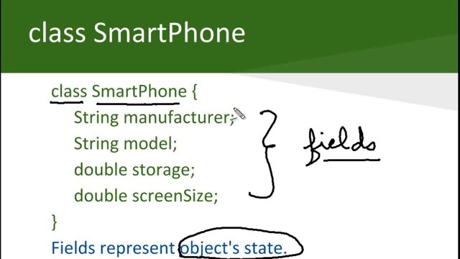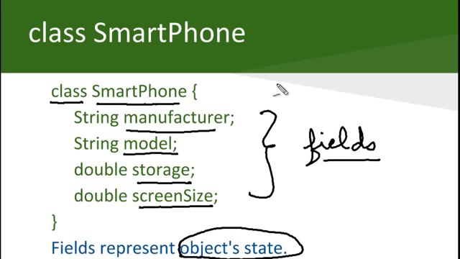So I have just taken 4 fields here, but there can be many, and for a class like smartphone there are many fields. So there is a string manufacturer, there is a string model, there is a double storage which tells the storage a smartphone has, and say a screen size. Now the objects of the smartphone will be defining their own values of these fields.